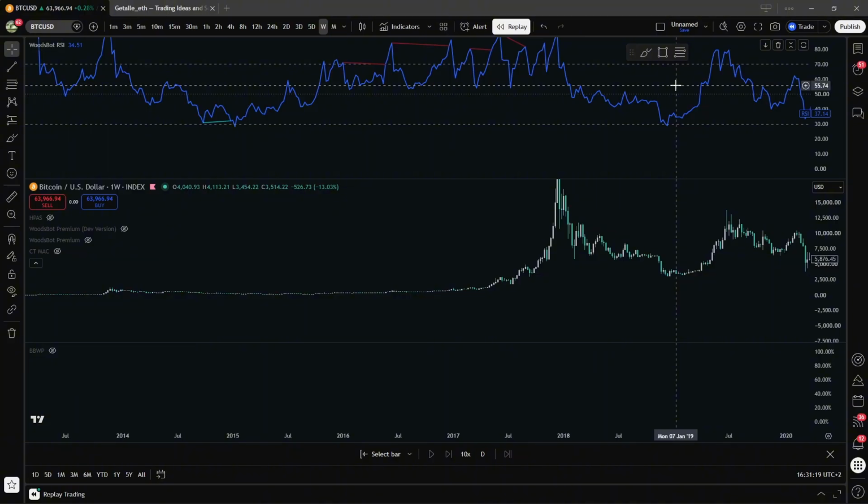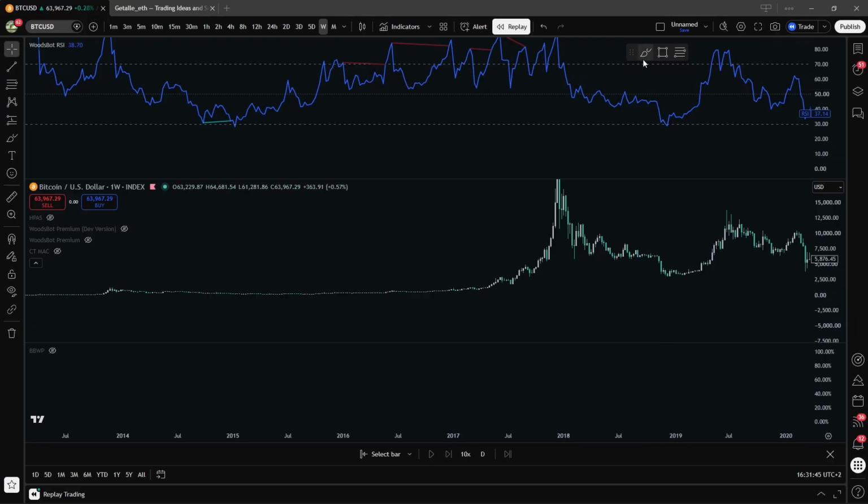So just like in price action, when you have resistance and price action is coming into resistance and rejects from it, this is the same way the 50 mark works for the RSI. Now it's not perfect. I would say it's between 50 and 55, like a resistance and support zone for the RSI.